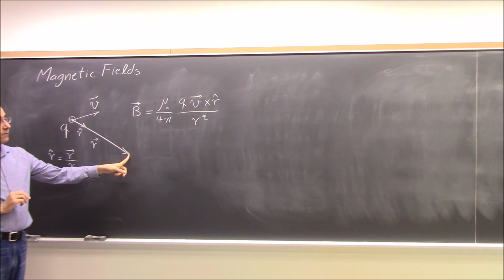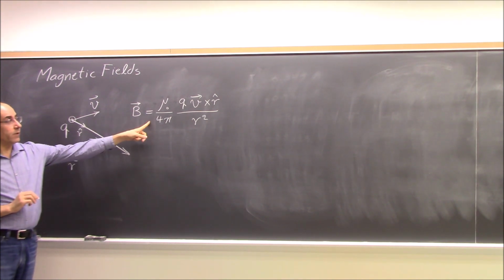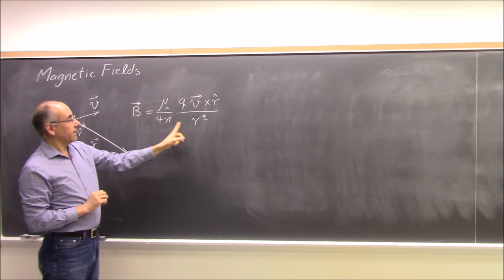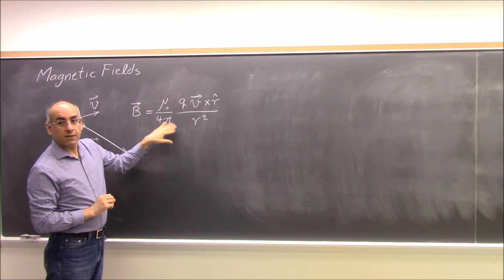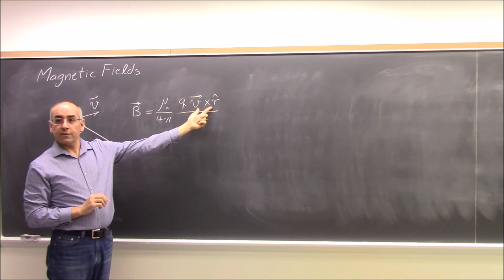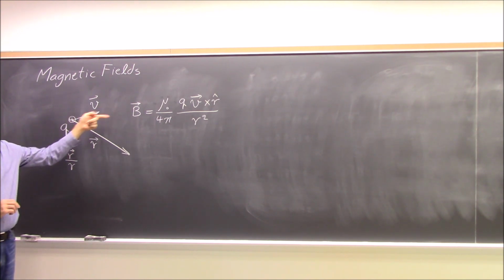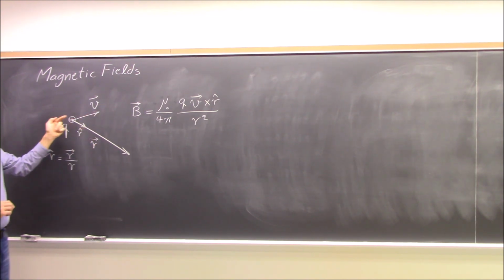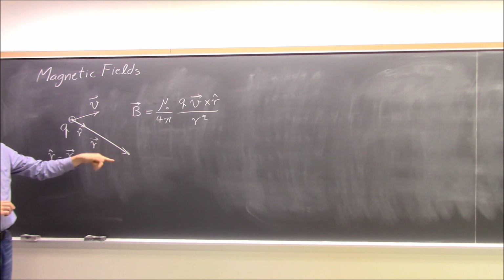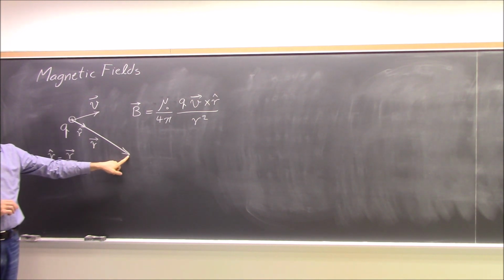The direction of the magnetic field given by this formula: you say mu naught q, and these are all scalars. The only vector part is this, right? What is the direction of v cross r in this case? v is this way, r is this way, r hat. v and r hat. That gives you the direction of the magnetic field at this point.